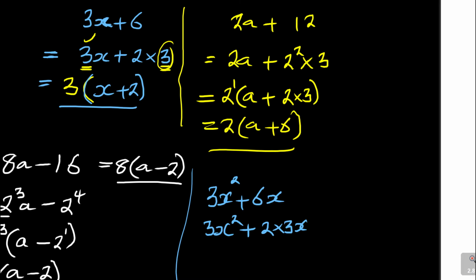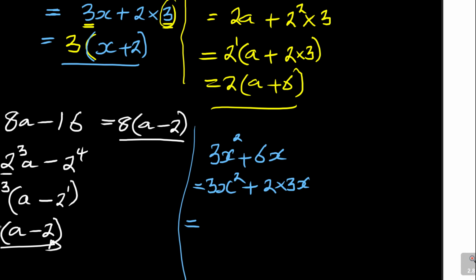Remember from the previous shift, 6 equal to shift that. Which is equal to, nothing has changed on 3 and 2. You can see 3 and 3, you take out the number first. Now on the x, which one is the smaller power? There it is, x to the power of 1. If you don't see any power, it means it's power of 1. This is 2, it's bigger, but 1, so we're going to take x outside.